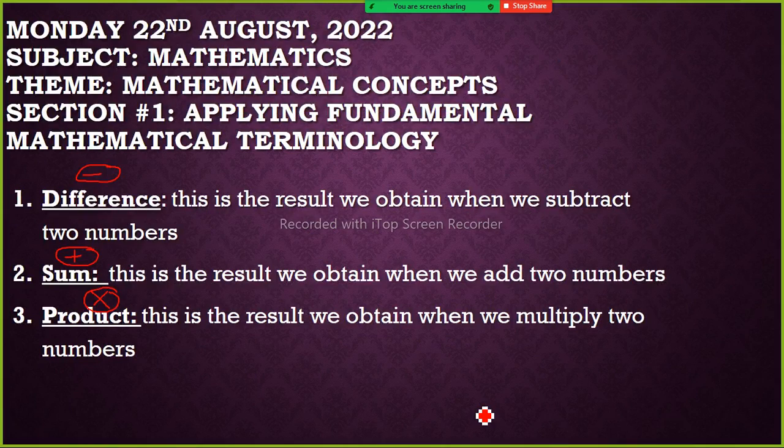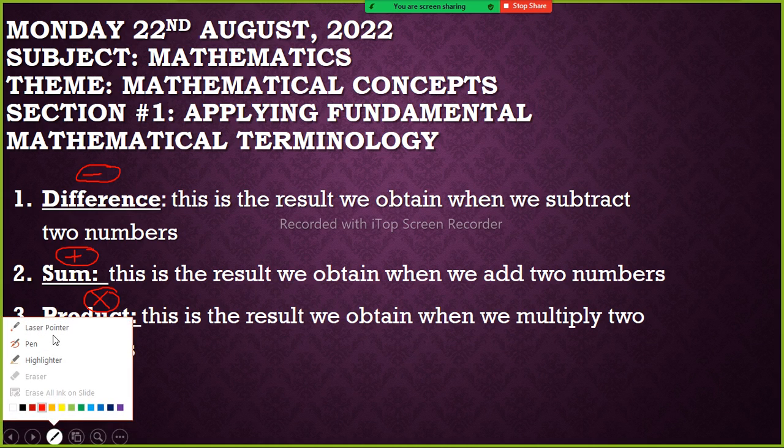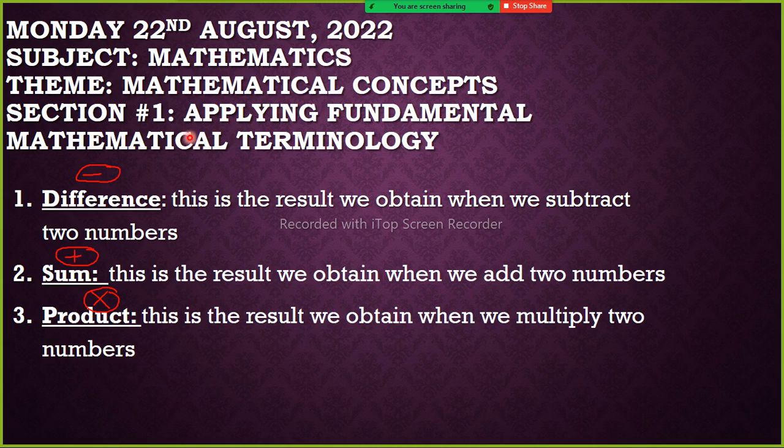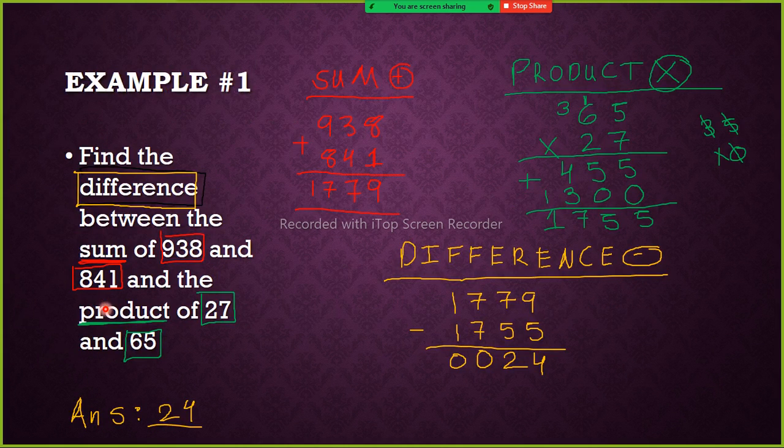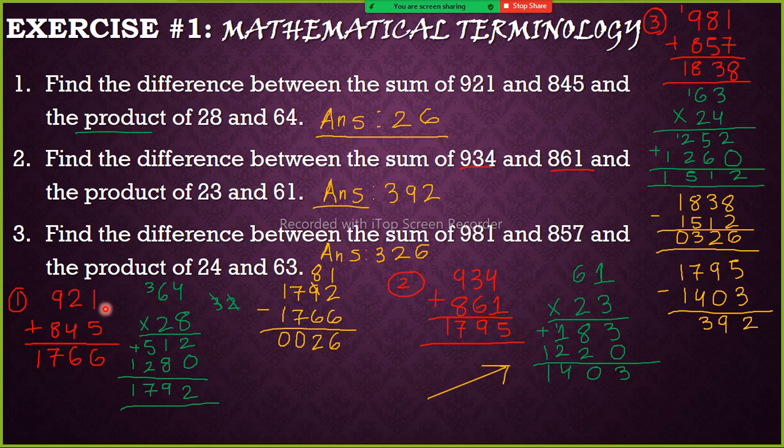Section 1 was looking at how we apply fundamental mathematical terminology like difference, sum, and product. And we looked at several questions on finding the difference between the sum and the product of two numbers. We did several exercises on that.